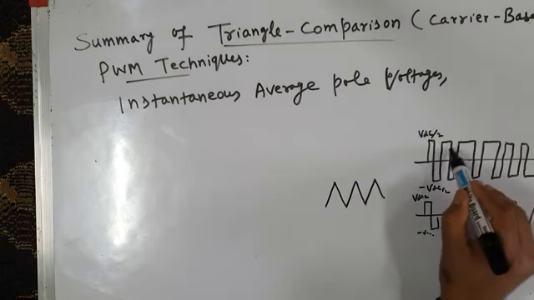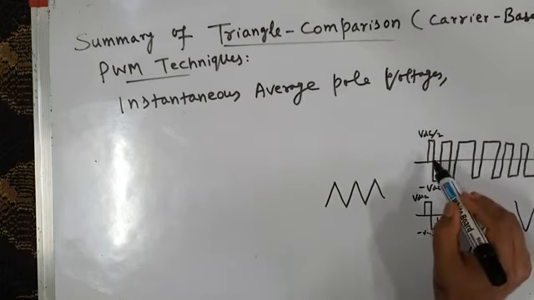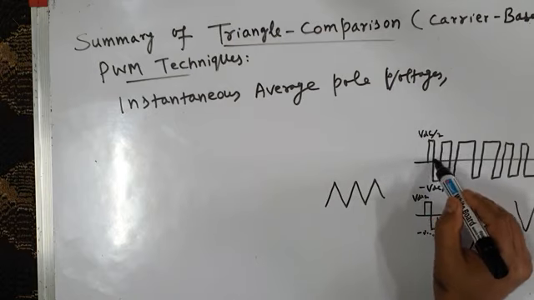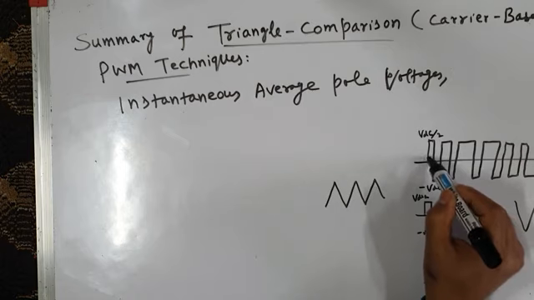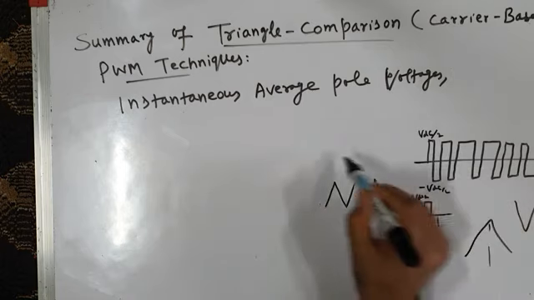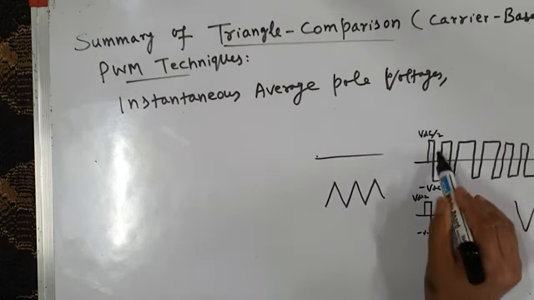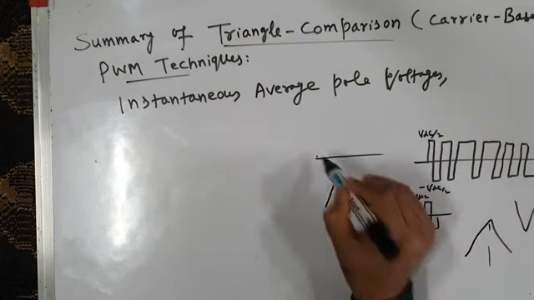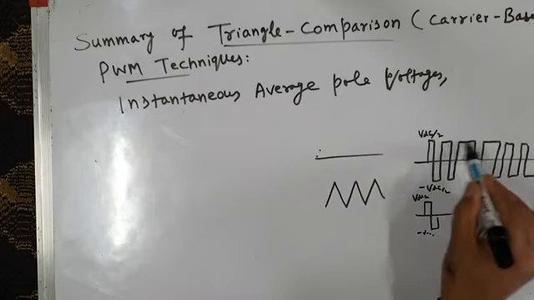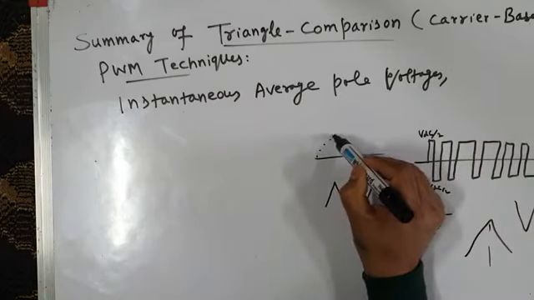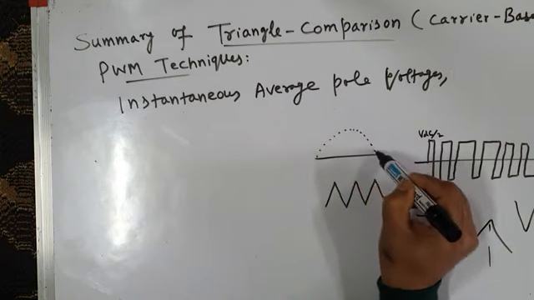So in the positive half cycle of the inverter output voltage, from one carrier cycle to another, you keep on finding the instantaneous average pole voltage. For example, you find the instantaneous average pole voltage of this; it may be somewhere here. Find the instantaneous average pole voltage of this here. Find it for the next voltage pulse. So keep on finding, and you will get something like this.